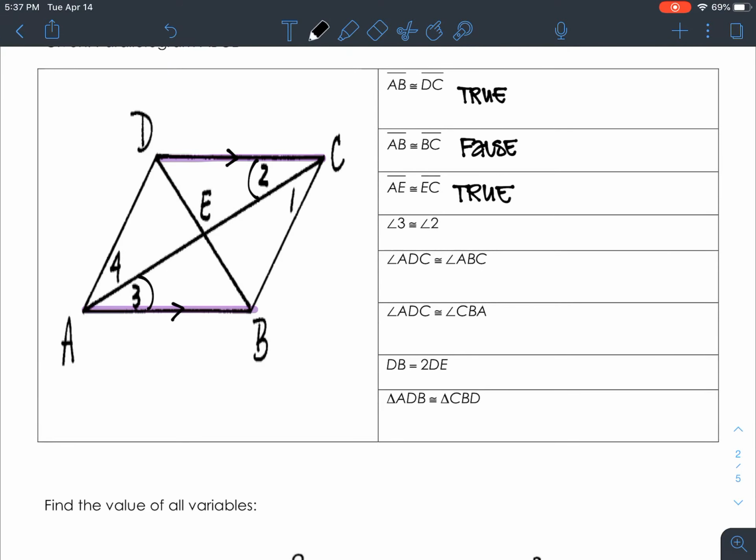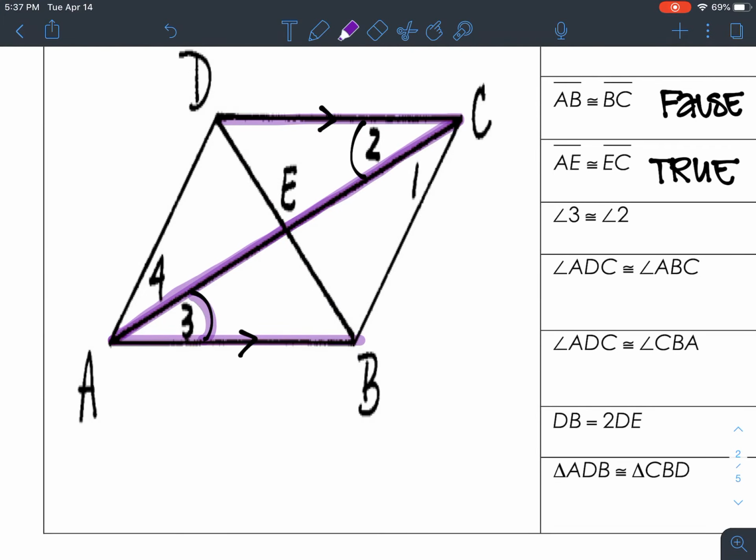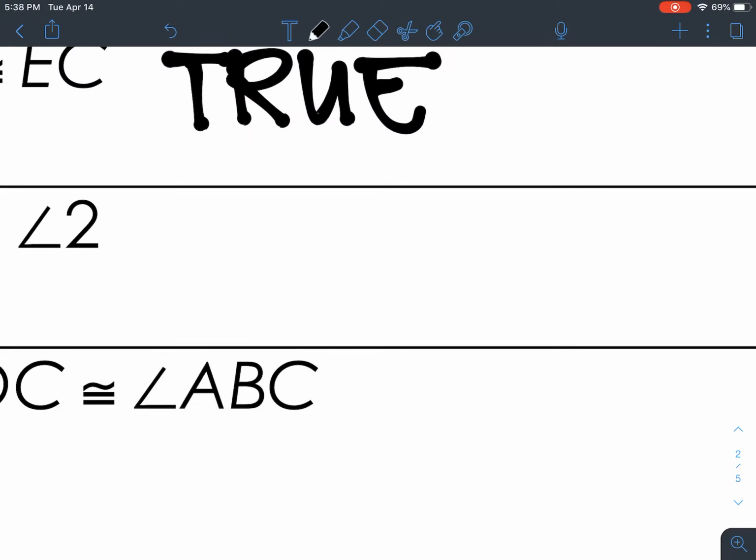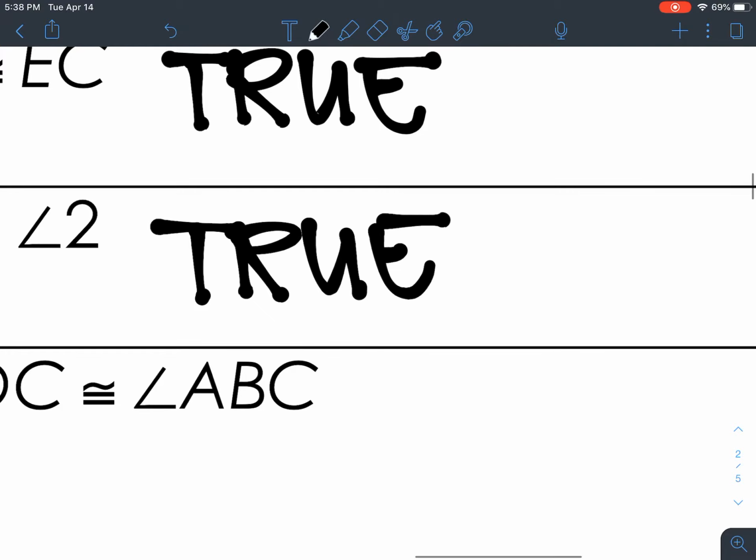Now, I'm going to highlight this side right here, and this segment right here, and AC is technically the transversal with those parallel lines, which means what about angle 3 and angle 2? What type of angles are they? Well, they're alternate interior angles, and if the segments are parallel, then those two alternate interior angles have to be congruent, which means that this statement is true as well.